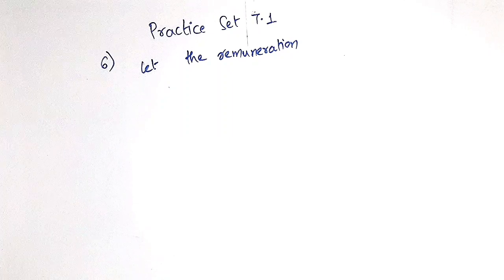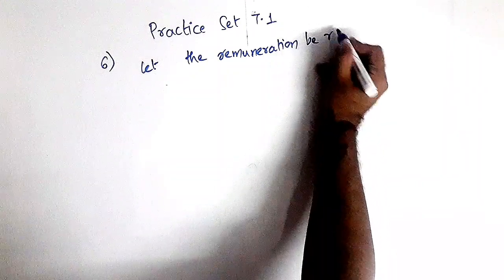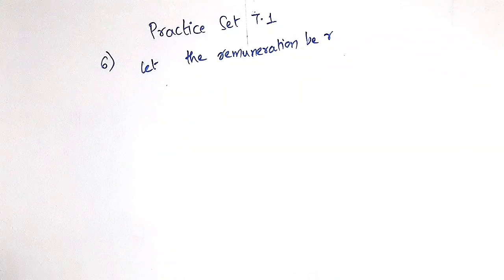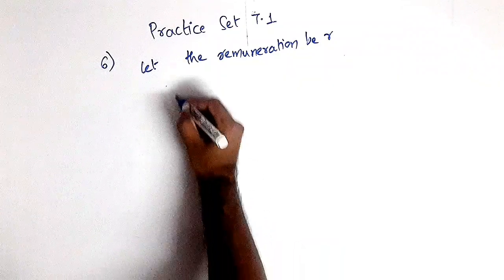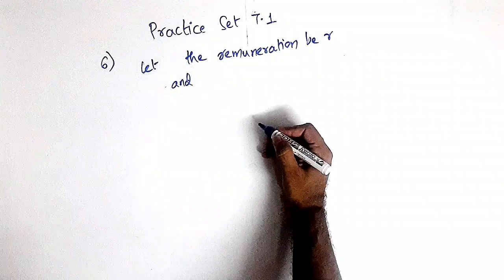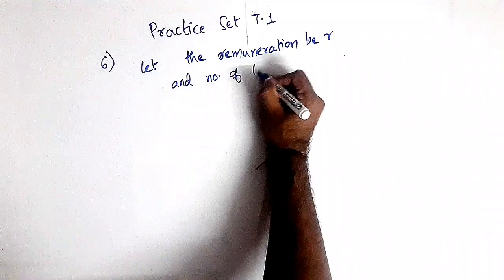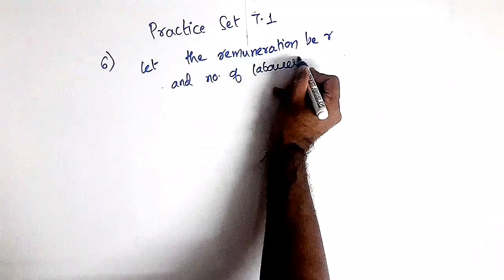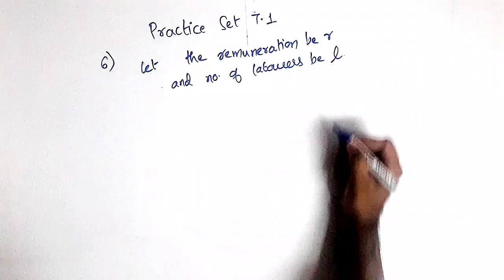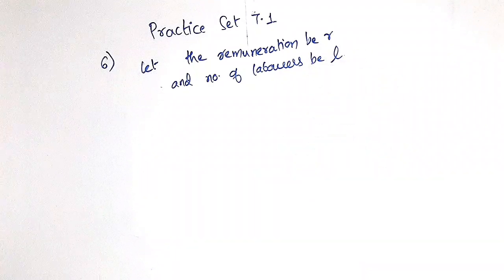For daily workers it is wages, for a monthly salaried person it is salary. So let the remuneration be R, and the number of laborers be L. I can take L, I can take N, anything you can take.